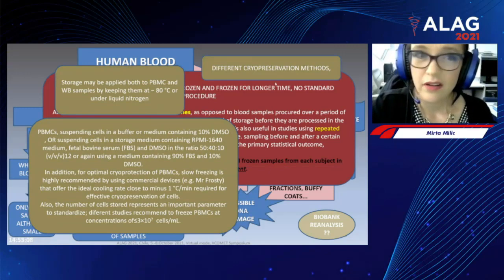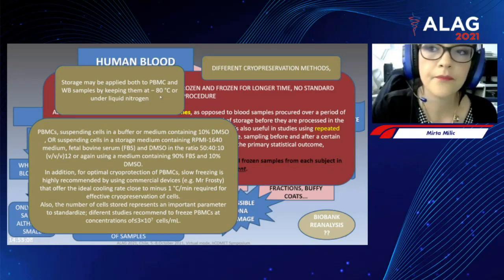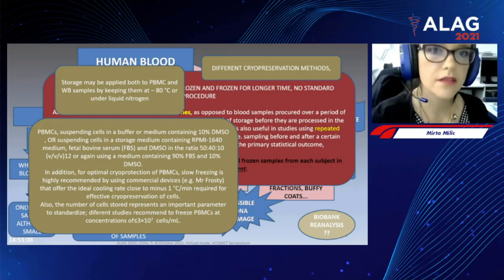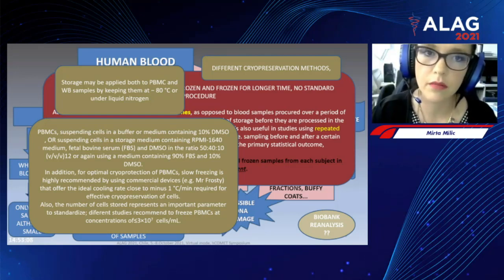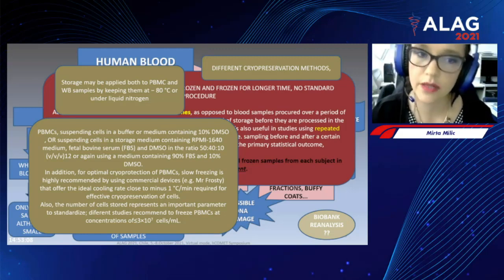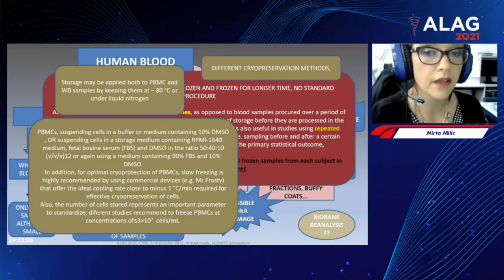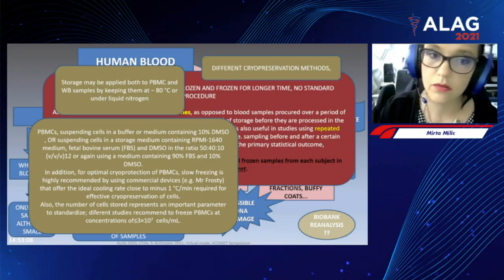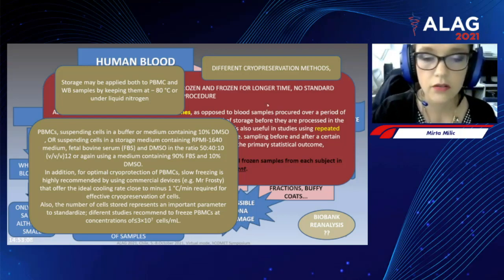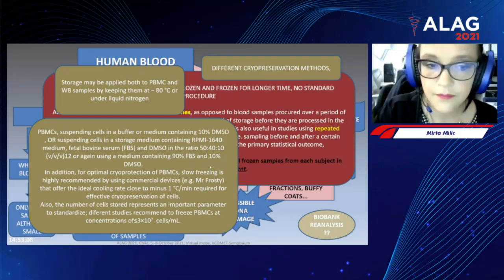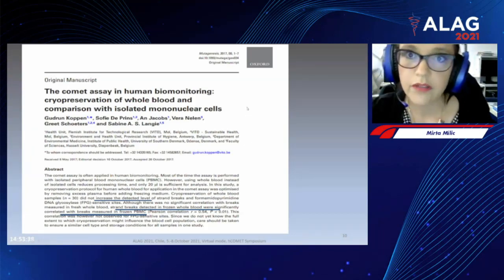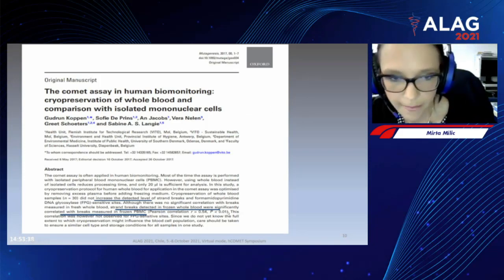But different cryopreservation methods are also a problem. So we wanted to compare different methods, because some labs are storing blood at -80, in liquid nitrogen, or at -20, or they are using different cryopreservative concentrations of dimethyl sulfoxide, that is DMSO, and serum, and also different concentrations of the cells.